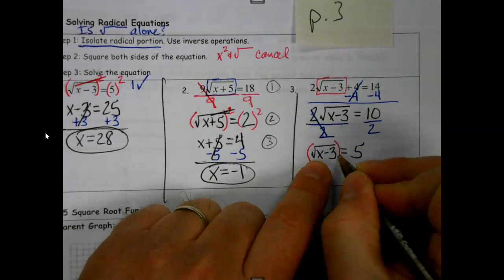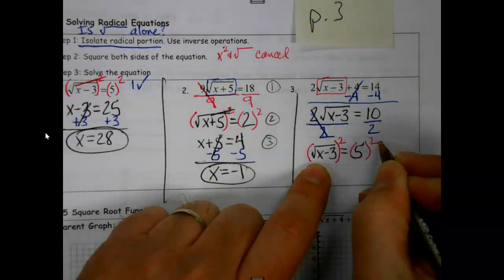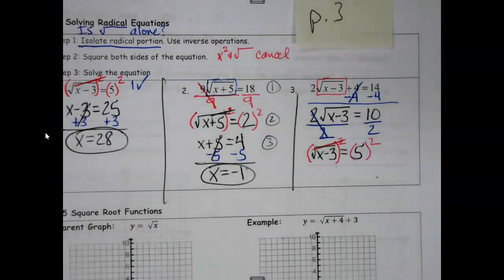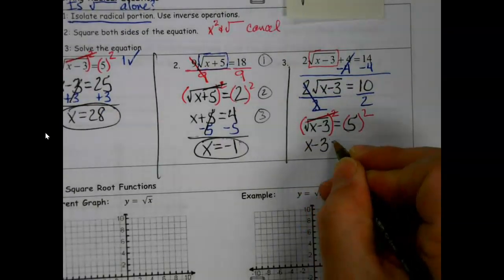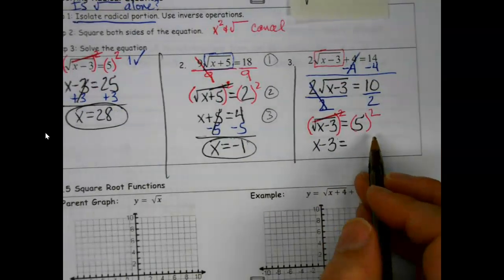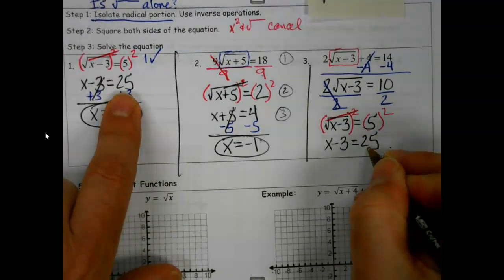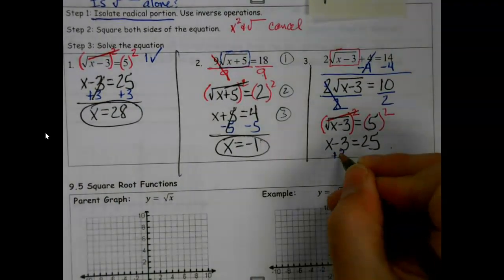Once that radical is by itself, we square both sides, which again just kind of is the opposite of our radical, so we make it go away. It is the inverse. 5 squared, we did that over here in number 1, so we'll get that in. And we're just slowly taking our time.